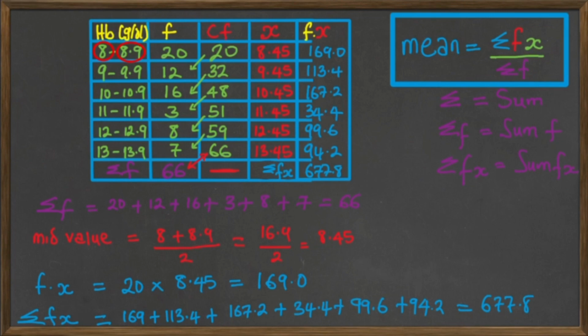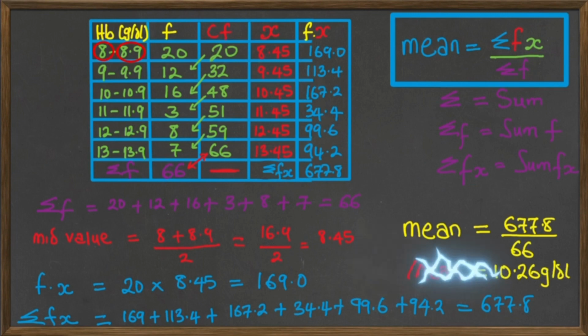Remember, our formula: mean is equal to summation fx divided by the summation of the frequencies. So we're going to be doing 677.8 divided by 66, and then we'll be getting our mean to be 10.26 gram per dL. This is awesome. This makes a lot of sense. Let's keep this, and then let's move to the next one.